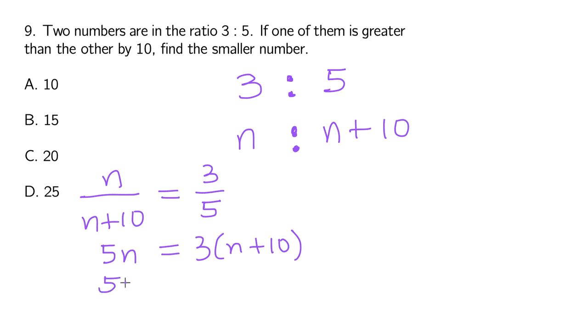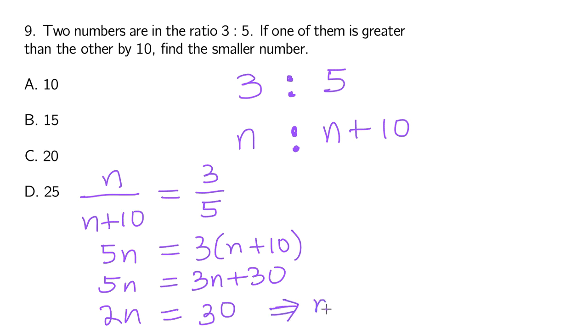That's 5n equals 3n plus 30. And then we have 2n equals 30. So that implies that if 2n equals 30, then n equals 15. And n is the smaller number.